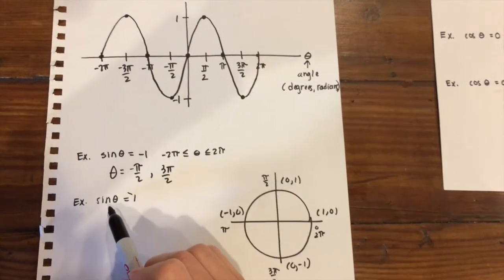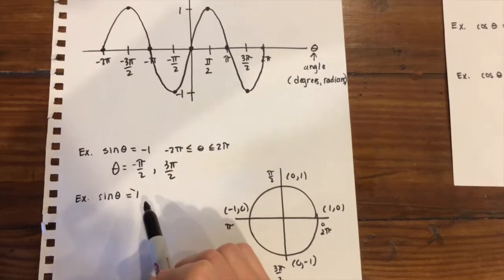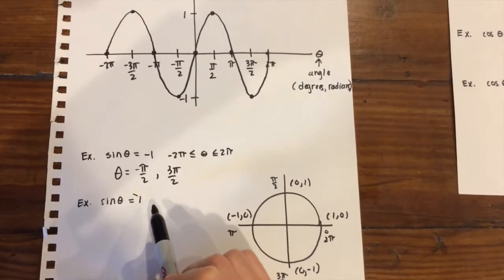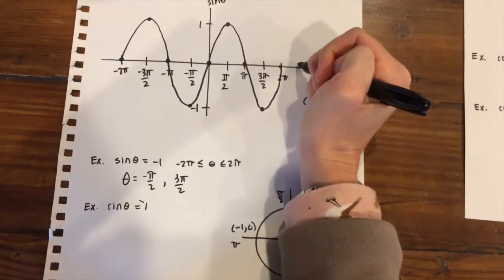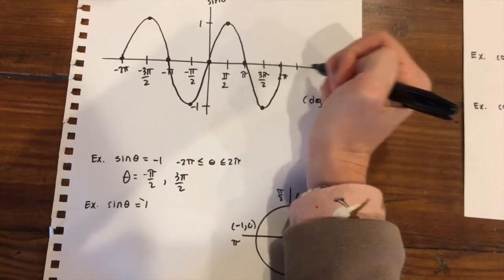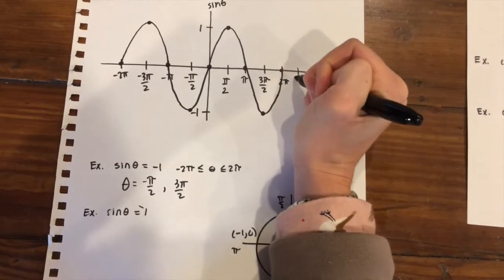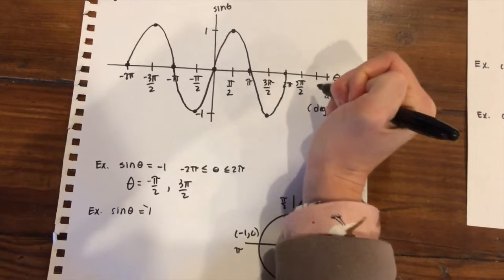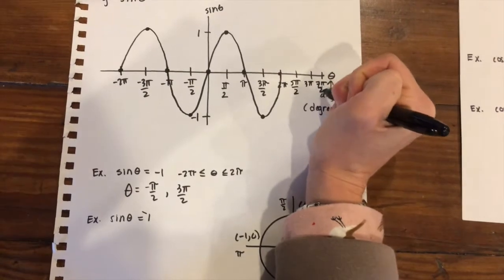Now the next question says, when does sine theta equal negative 1? And that's for all theta in your domain. So in other words, any angle. If I were to add 3 more values, here I would be at 5 pi over 2, here I would be at 3 pi, and then 7 pi over 2.